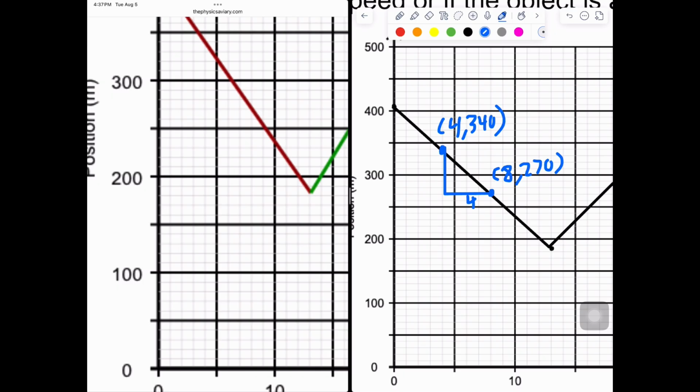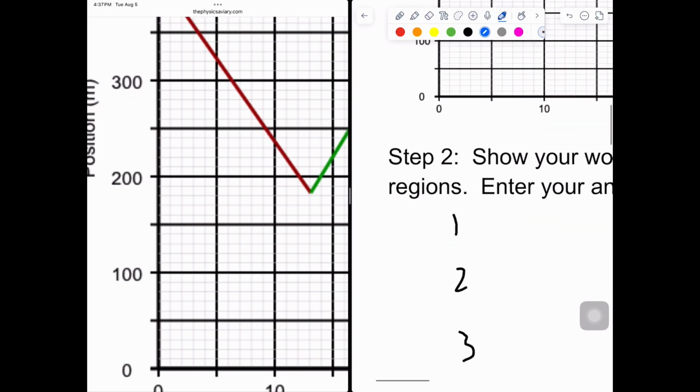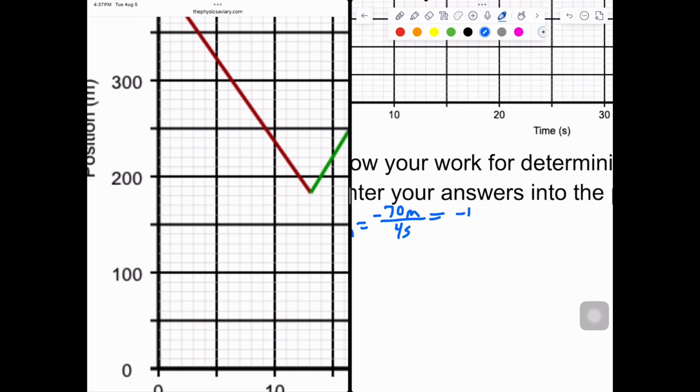So we have a rise of negative 70 and a run of 4. For region 1, we're going to go negative 70 meters over 4 seconds, which is about negative 17.5 meters per second.